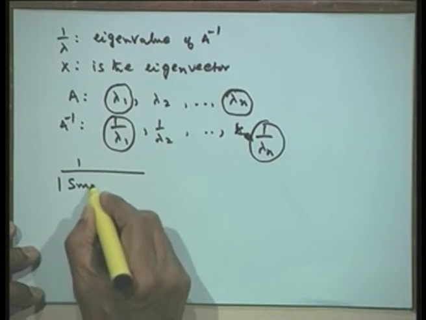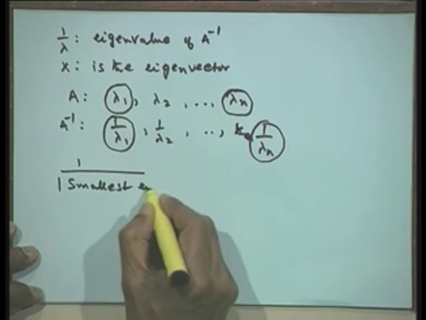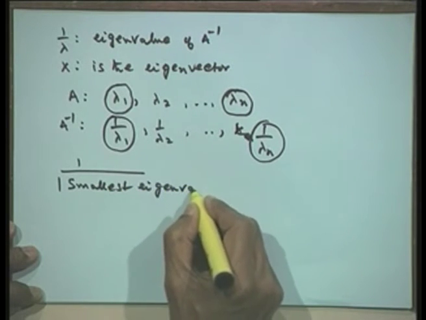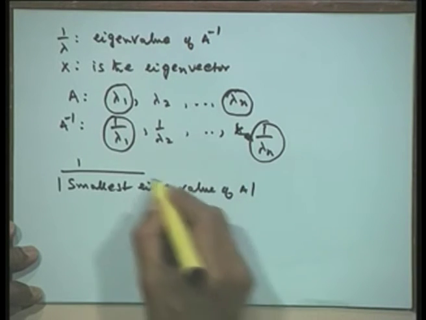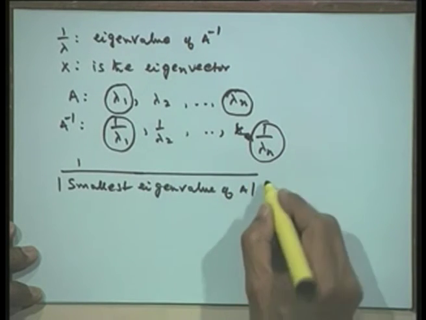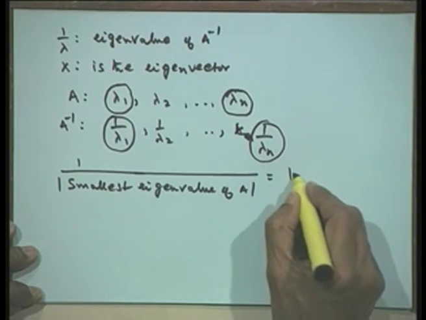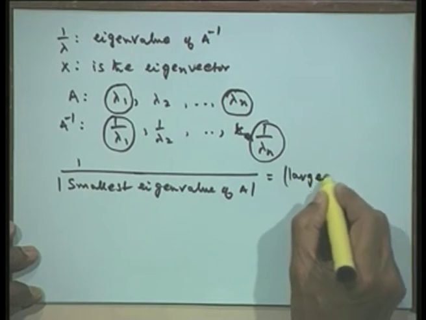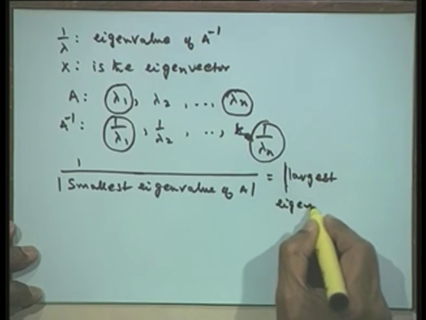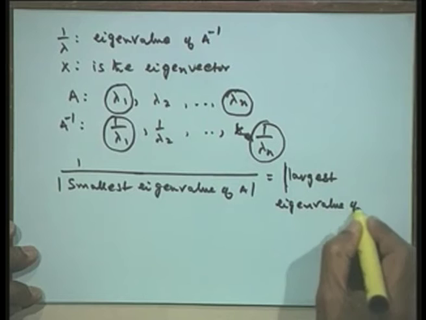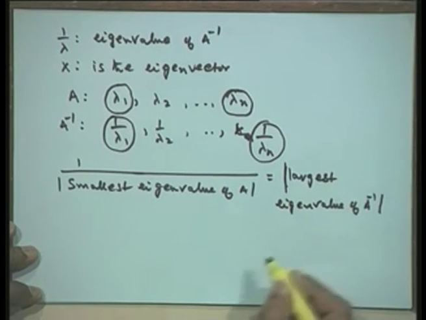Therefore, 1 upon the smallest eigenvalue will be the largest eigenvalue of A inverse.